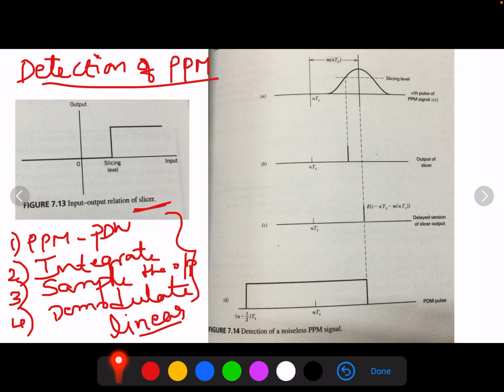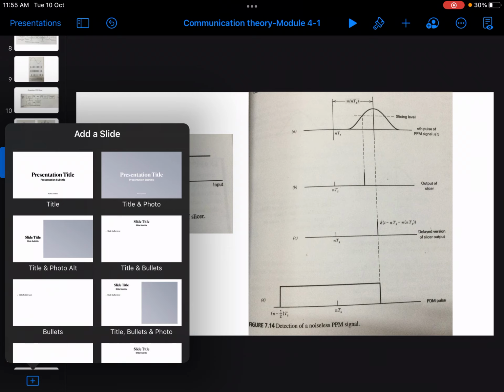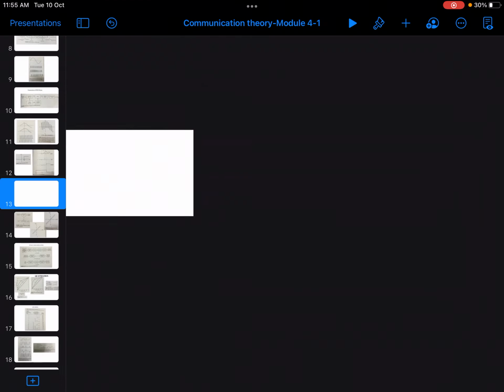Thus, we can say what is the performance. So, let me discuss about the figure of merit signal to noise ratios of PPM.